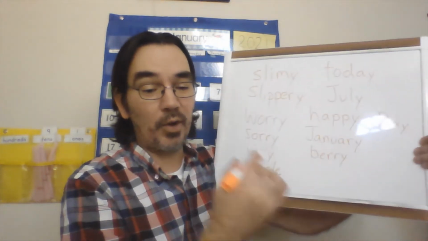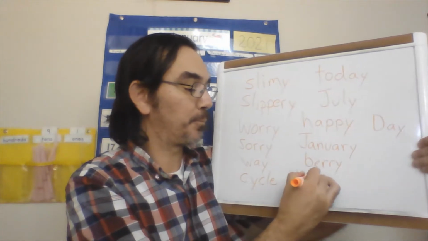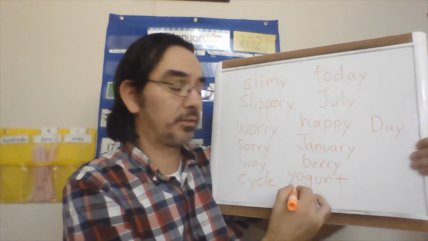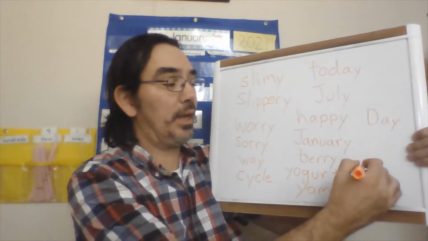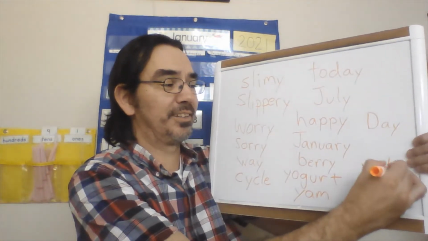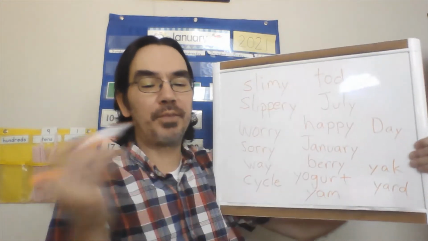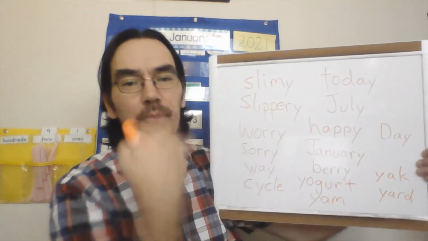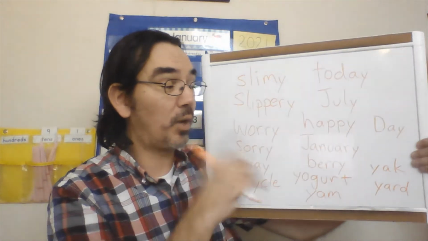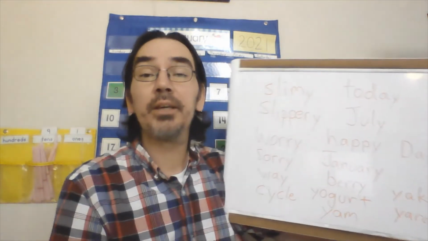Now, Emma came up with yogurt and yam and yak and yard. So, thank you very much, Anara, Emma, Eva, and Dylan. Look at all these Y words that we have. Some Y's sound like I's, some sound like E's, and some sound even different. Keep those words coming in for us, boys and girls, please.